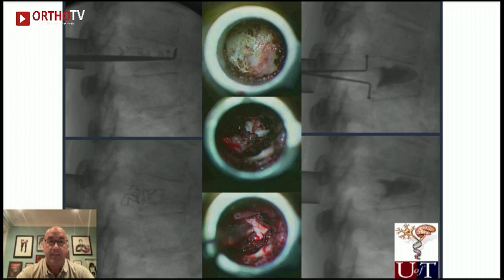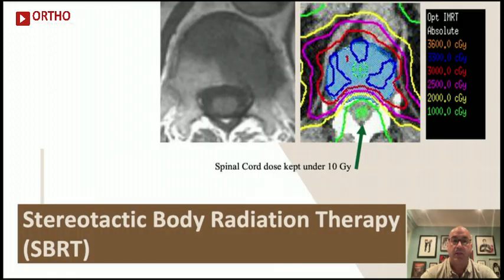And the idea here, and this is an important concept because radiation has evolved over the years, is a delivery of radiation in a very focused fashion that allows us to minimize the dose that the spinal cord gets and therefore minimize the chance of complications from it.